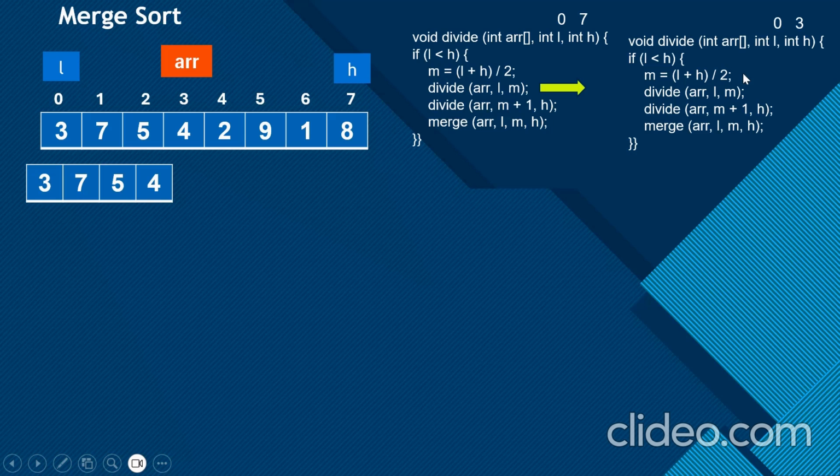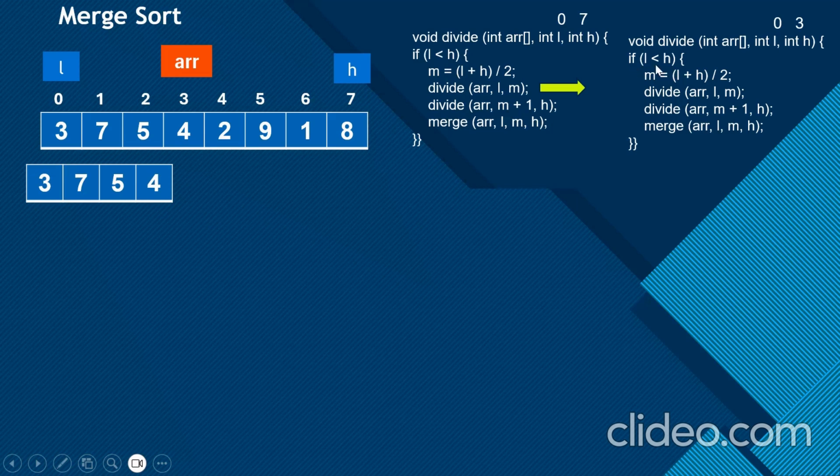That means we are currently concentrating on this sub array whose lowest and highest indices are being represented by 0 and 3 respectively, right? Of course, this array would remain as it is, but for understanding purposes, I have taken out this sub array to show certain things that we'll be seeing shortly, right?